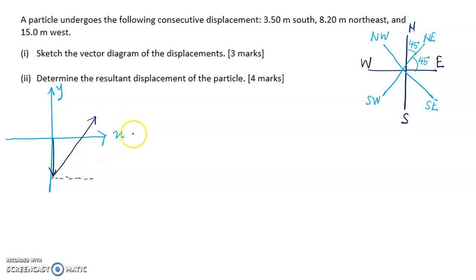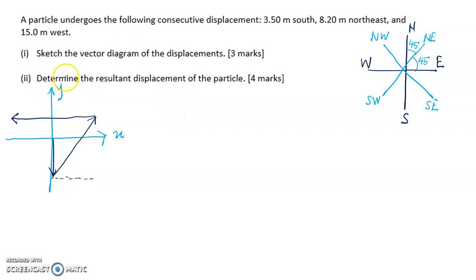So this is going to be 8.2 meter northeast, and last but not least is the third path, 15 meter west. Westward direction is to the left, or towards the negative x direction. So this is going to be the third path.